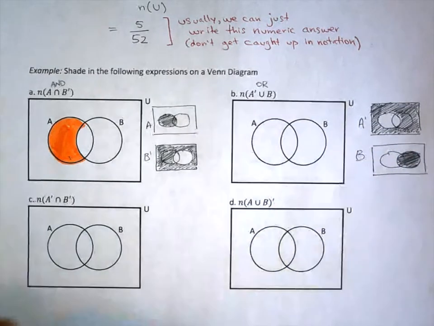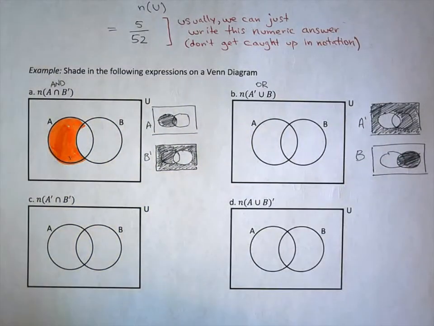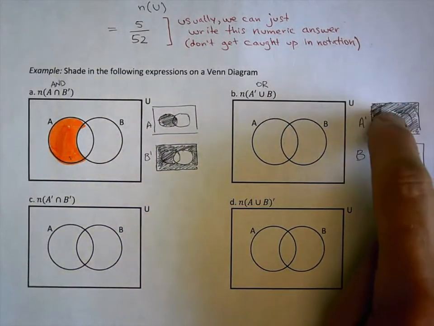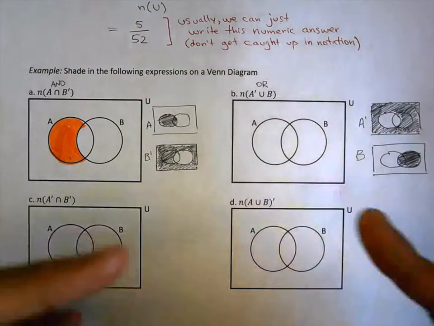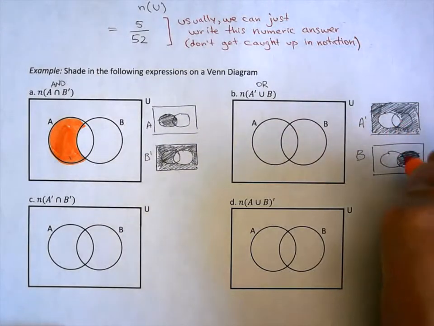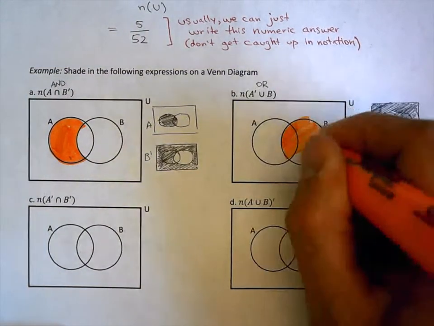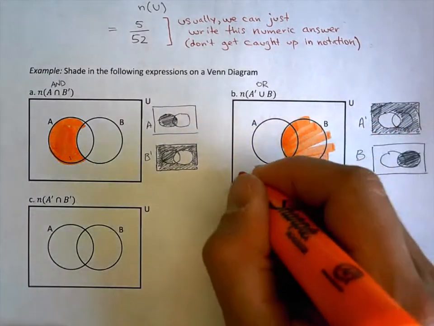Now we're talking about the union. That's the marriage. So I have this A complement marrying B, so they're combining all their possessions. I get everything that A has plus everything that B has. So what I end up with is this massive amount of space. It's like everything. They own the world.